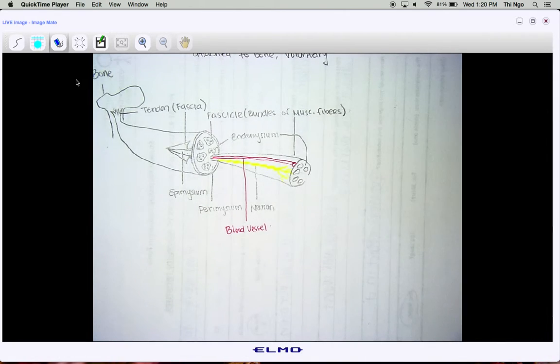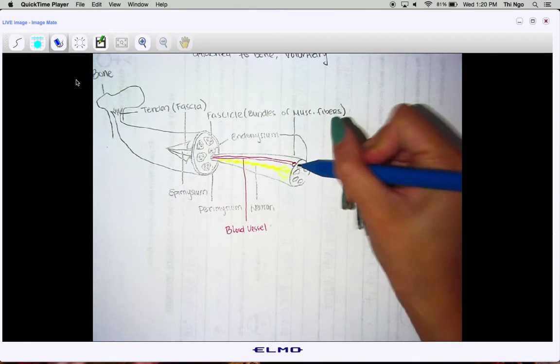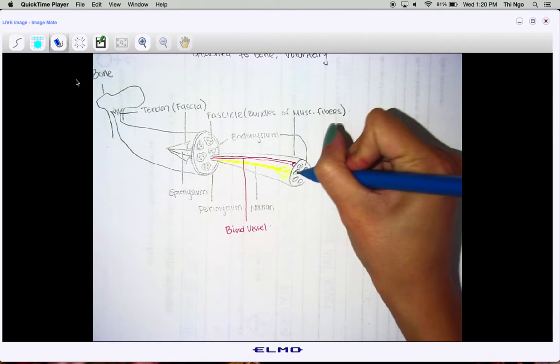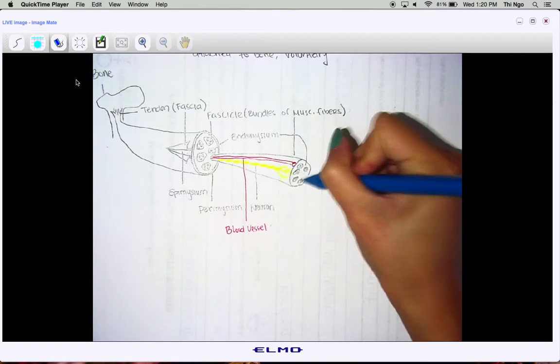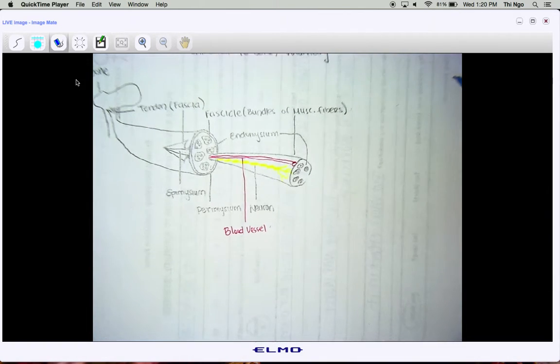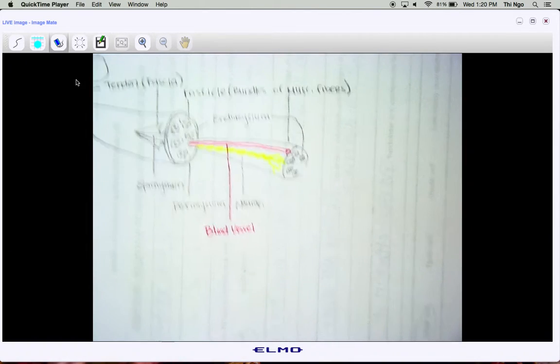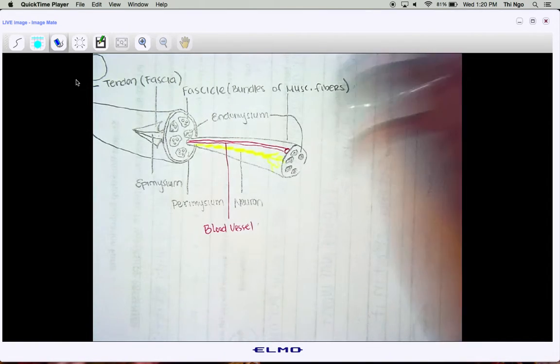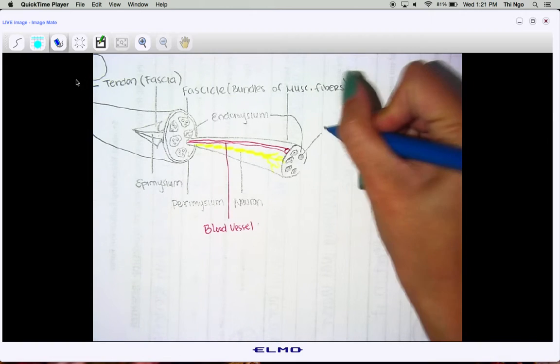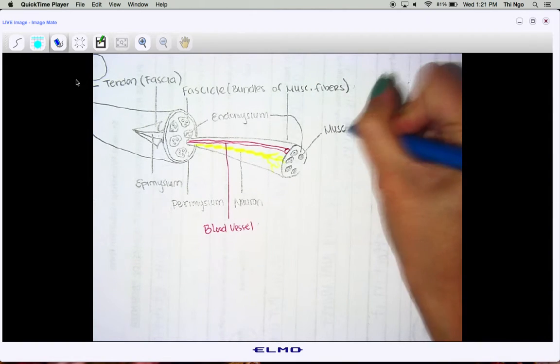So a muscle fiber, when you look at it, you're going to see these little things that make up a muscle fiber, and we're just drawing little dots here. And so this is your muscle fiber, so I'm going to label that muscle fiber.